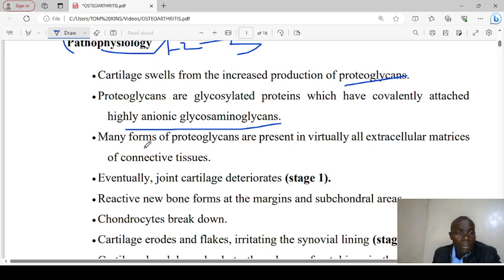So many forms of the proteoglycans are present virtually in all extracellular matrices of the connective tissues, of which joints is one of them.